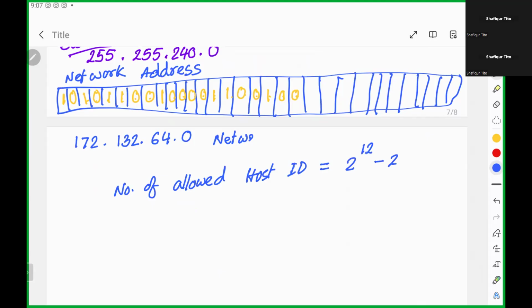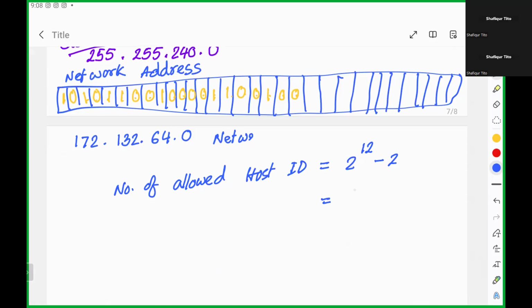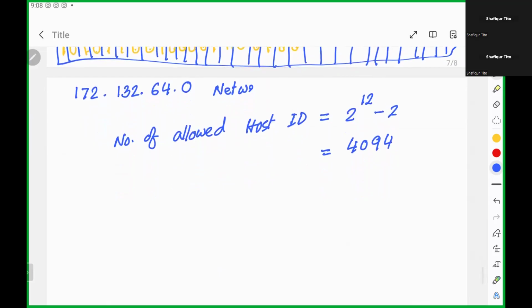The 12 is coming from the host part, 32 minus 20, that will be 12. So we can find out the calculation: 2 to the power 12 minus 2. That will give me 4094.